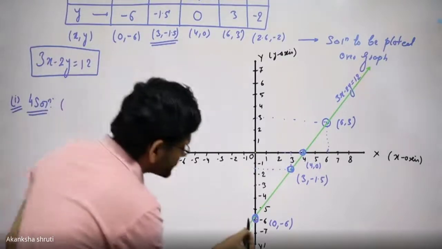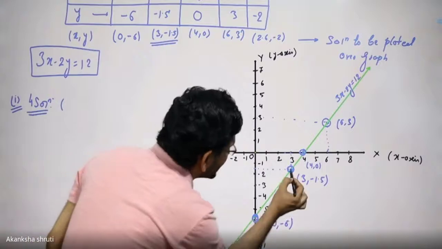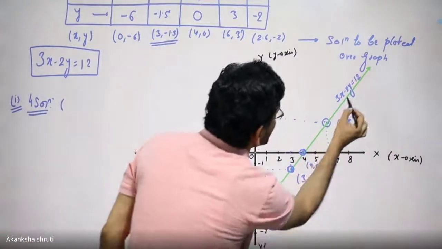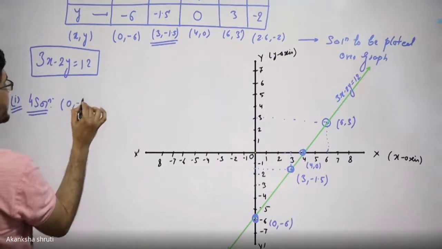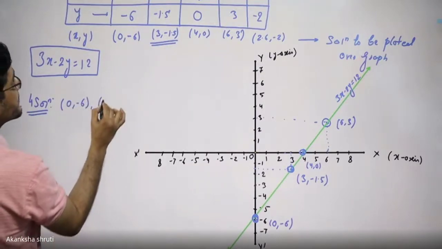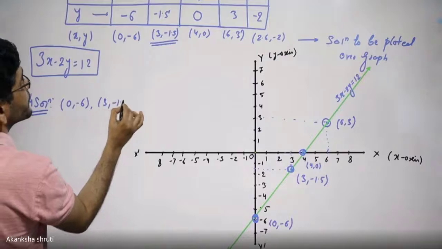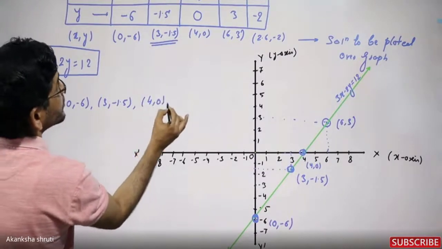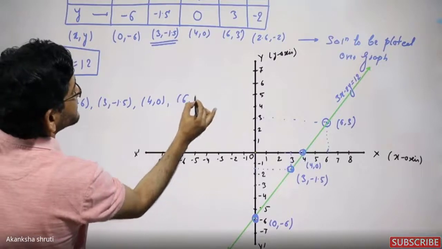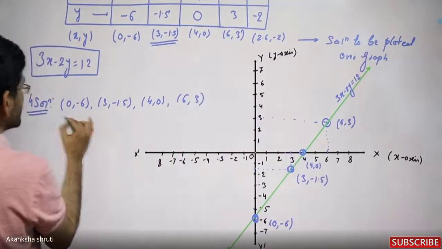They all lie on this straight line. These 4 solutions are (0, -6), (2, 0)... the other one is (3, -1.5), and the others are (4, 0) and (6, 3). So this was the first part.